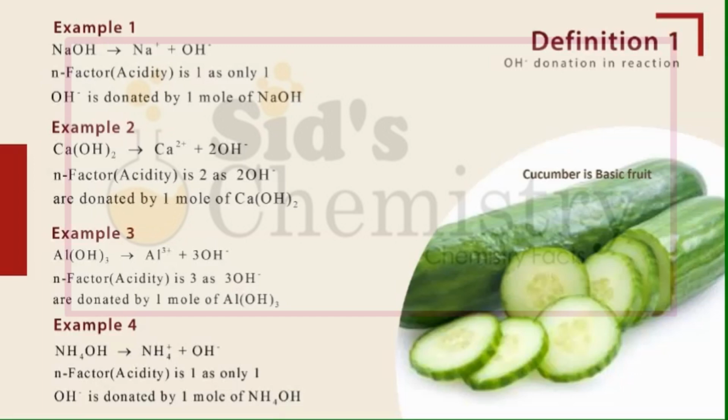The n factor or the acidity of this compound will be 3 as 3 OH minus ions are donated by 1 mole of aluminium hydroxide. And the last example which we have taken, that is NH4OH. When it is placed in water, it forms two ions, that is NH4 plus and OH minus, and therefore the n factor will be 1 as only one OH minus ion is donated in the reaction.